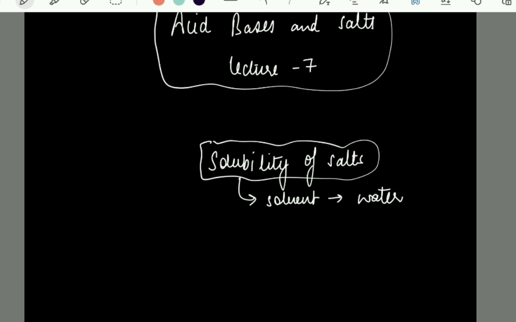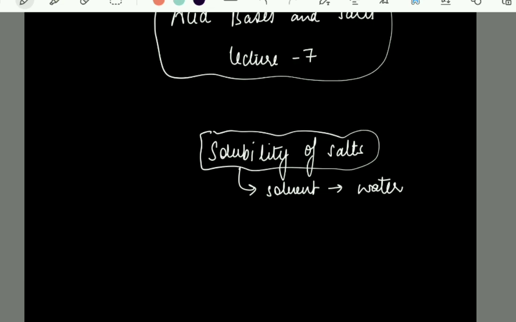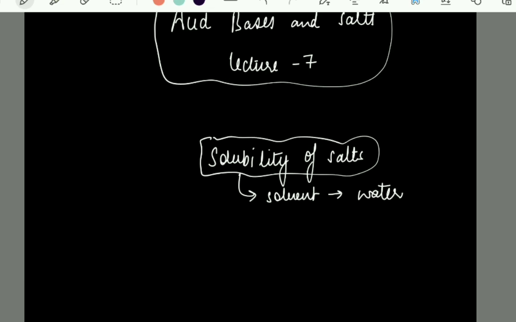So when it comes to water, we say solubility of a particular substance or of a salt is the maximum amount of any salt that can be dissolved in 100 ml of water at a particular temperature. That is how we define solubility.